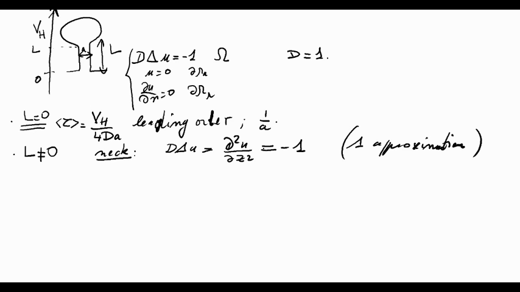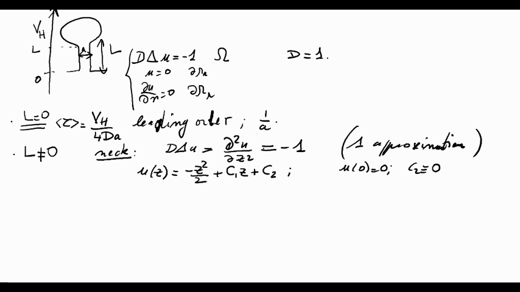The solution of this equation, u of z, we have to integrate twice, so this is minus z squared divided by 2 plus c1 z plus c2. Now, due to the absorbing boundary condition, since u of 0 equals 0, we need to have c2 equals 0.